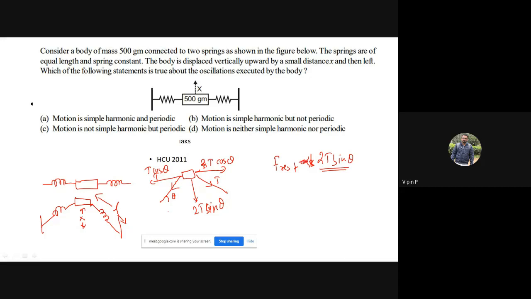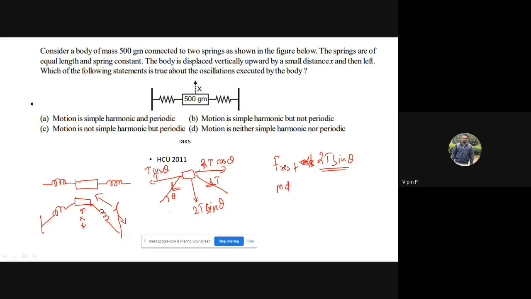The restoring force of this spring would be along this direction, and this tension is nothing but the restoring force. This is another restoring force, so the total restoring force would be 2T sin theta. For the time being, I'm not involving spring constants. I'll just see how it depends.